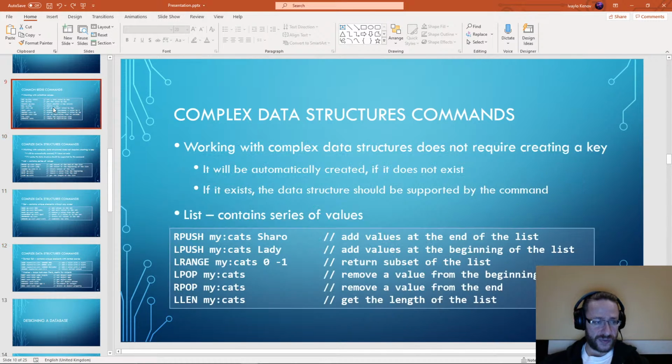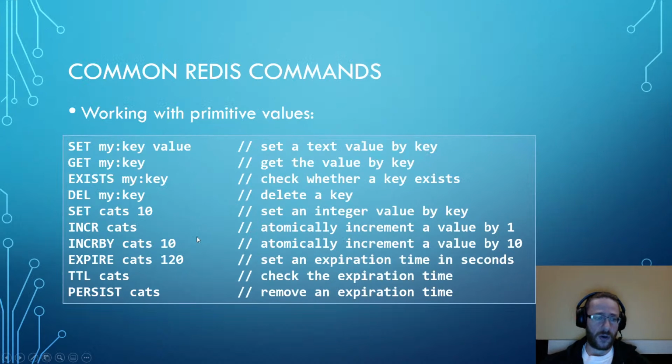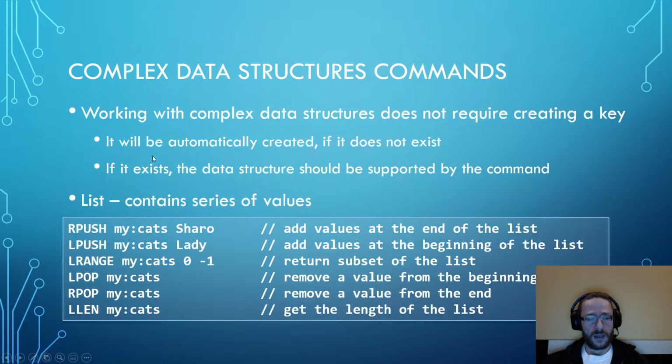So let me just cover again all the commands, because these are the most common commands you are going to use in a Redis data store. So first, the primitive values. We can set a value for a key and get it. We can set existing, we can delete it, we can expire it, and so on. Then we have a list.